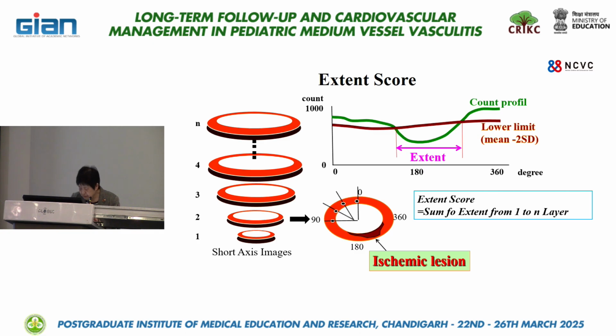Hypoperfusion less than 2.0 standard deviation from the mean was defined as an ischemic region, and each area was the extent score. Extent score was automatically calculated by QPS software.